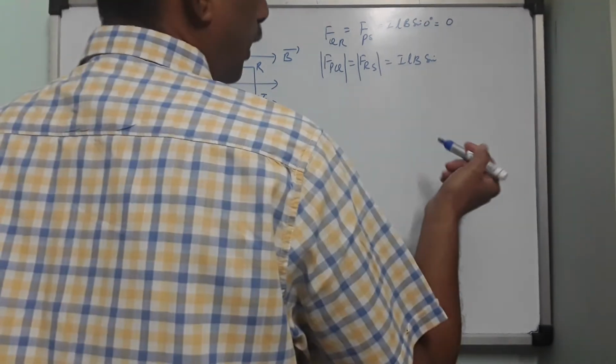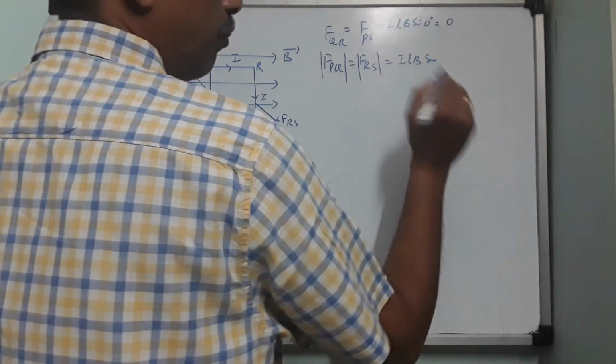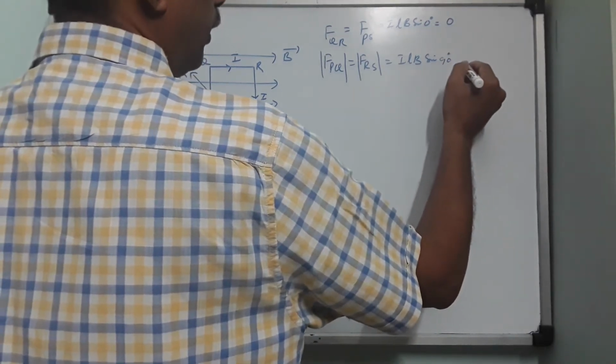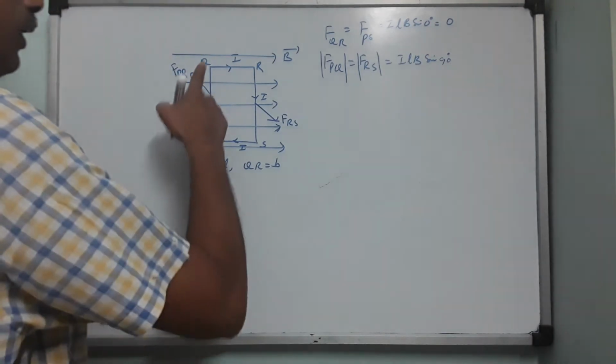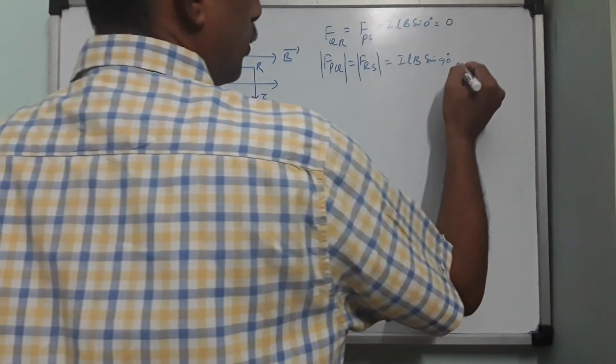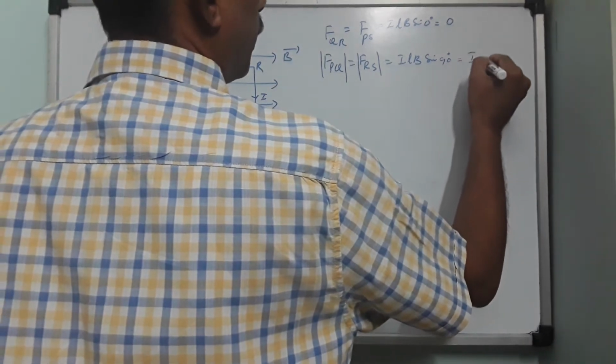Sine 90 or sine 180, both of them will be what? Magnitude wise equal. Sorry, this is sine 90 and sine 270. So this will be I L B only.